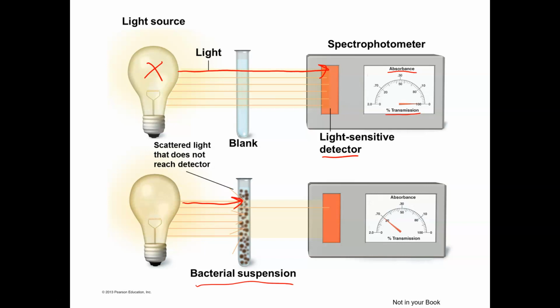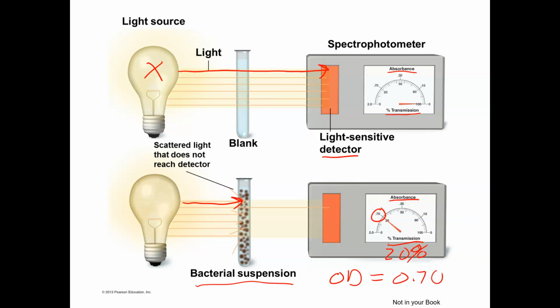So you want to know how much light got through, how much was absorbed. So in this example, it says 20% of the light got through. Not much. But we don't really care about that. We care about absorbance. So here it says the absorbance was 0.70. So we say that is an OD of 0.70.